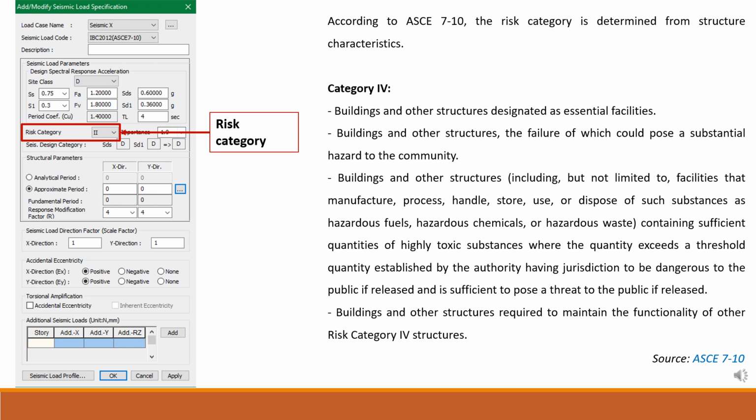Buildings and other structures required to maintain the functionality of other risk category 4 structures.